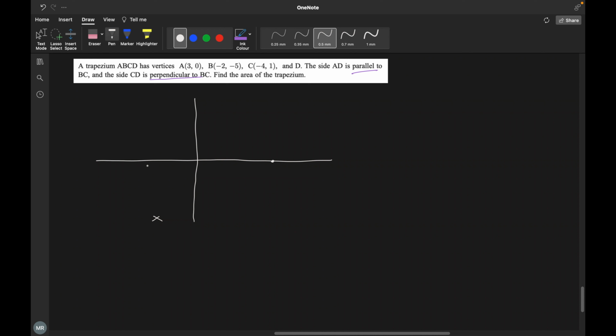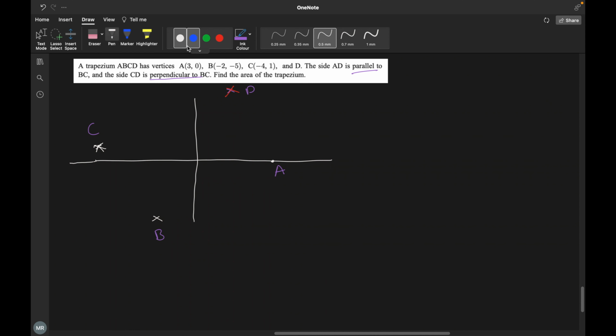And then C is negative 4, so double of this. So here, let's say around here, and then 1 somewhere here. Then let's first write the coordinates. So this will be A, this is B, this is C. This is just a rough diagram. It's not very accurate. So let's put it in red.